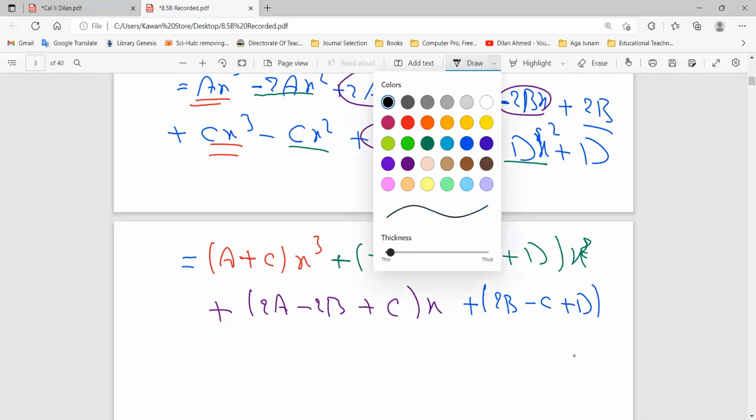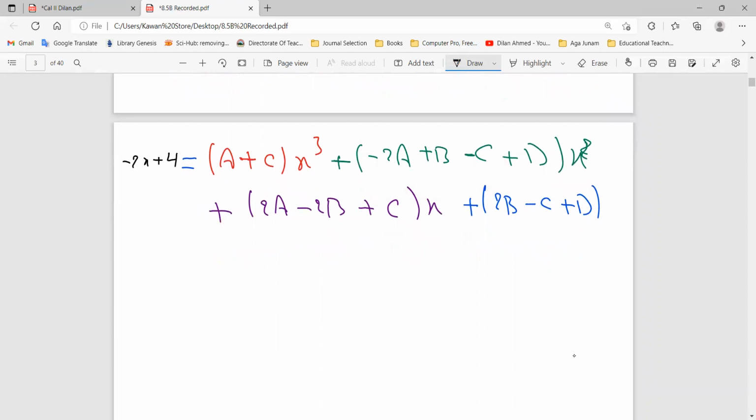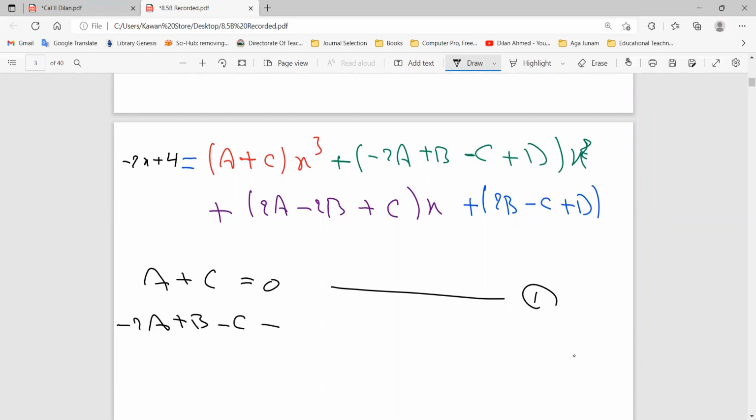All these equal to minus 2x plus 4. So how many equations do we have? 4. Yalla. So a plus c equal to 0. Am I right? Minus 2a plus b minus c plus d equal to what?